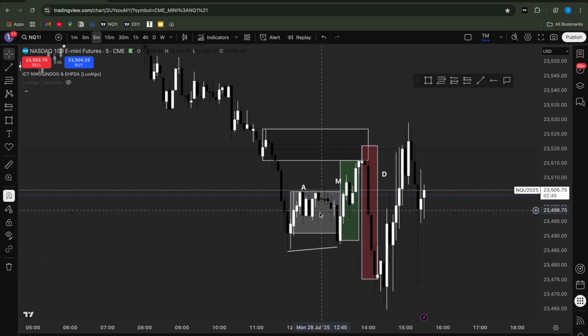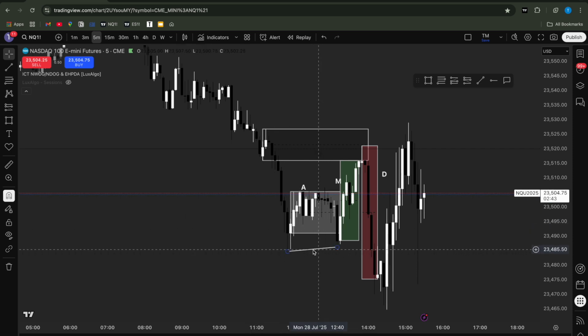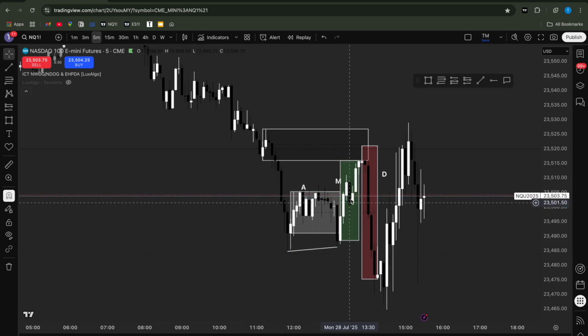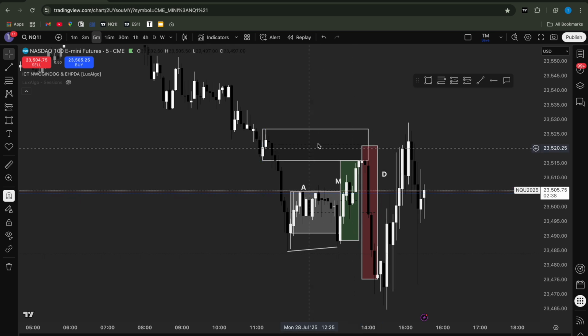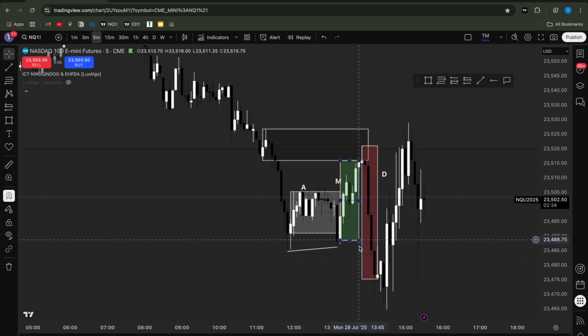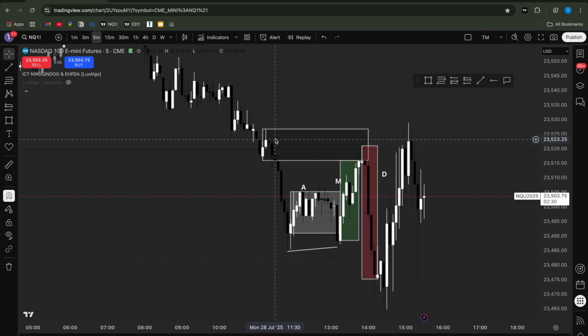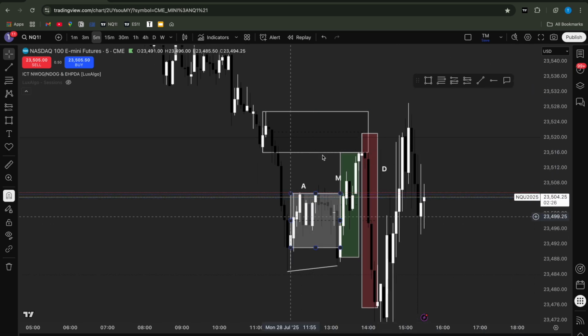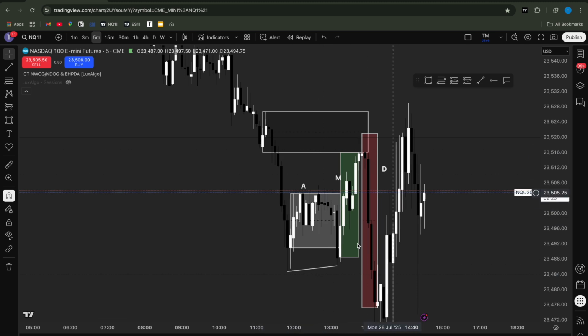So you see the accumulation, create sell side here, the manipulation into the order block, and then the distribution that takes out sell side. And then obviously we came back up because we took sell side and took buy side. So you can see it happen there today in real time. It's a no news Monday, so price can be a bit dodgy, but this played out. So yeah, there you go.